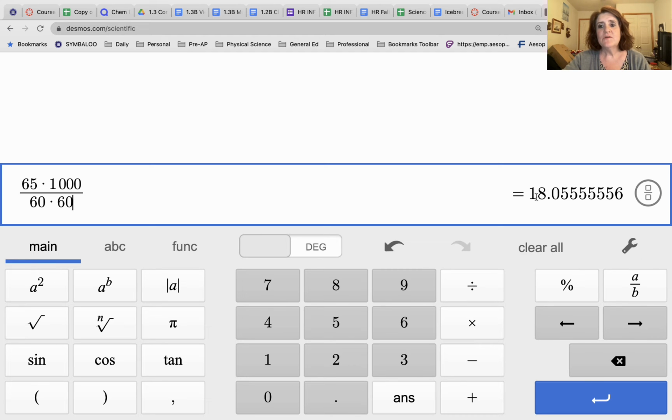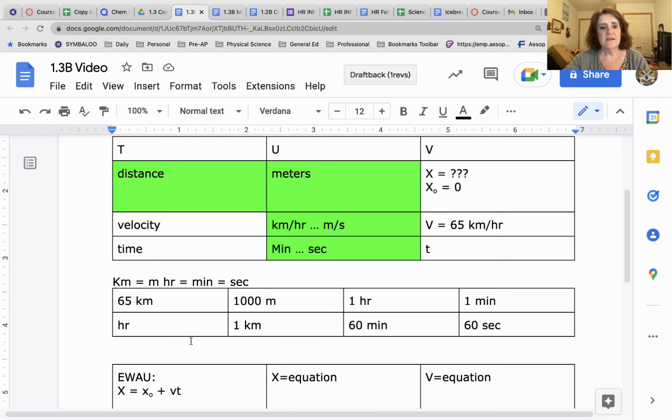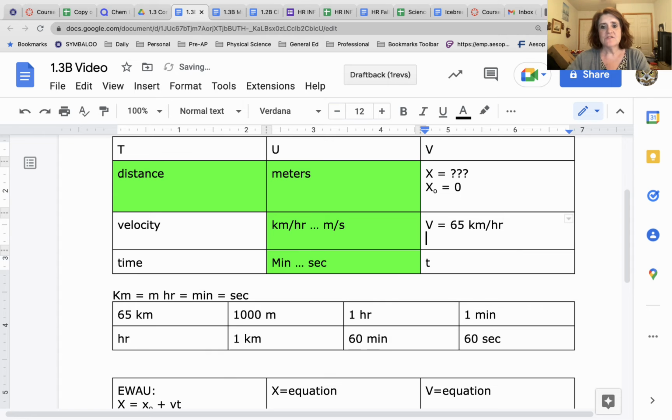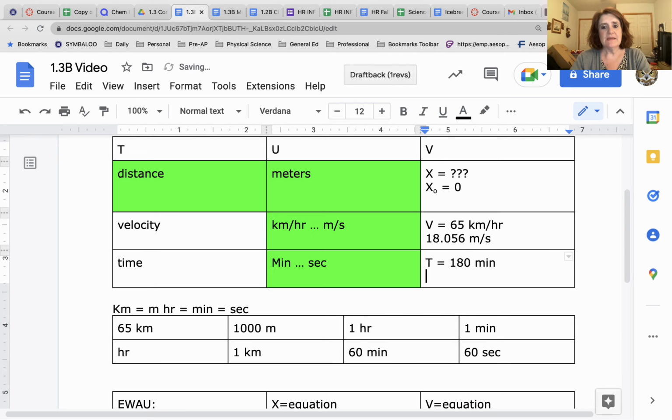And that will give you, and we're going to round to 3 decimal places, 18.056 meters per second. Then finally, the time that I'm given in the problem was 180 minutes.